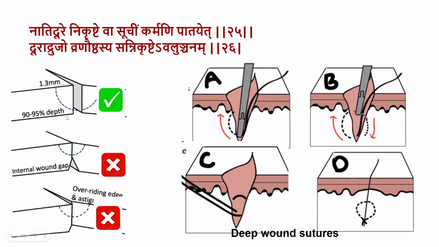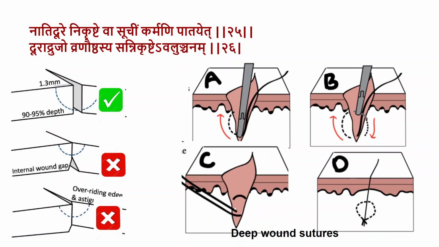Now, if your suture doesn't cover the depth, suppose the suture is placed very close to the edge and you have left out some depth, then this depth will act as a potential dead space and can result in hematoma. Or if the edges are not uniform, with the penetration more on one side and lesser on the other, then the wound edge will not have uniformity, it will just shrink, and this also will result in improper healing.